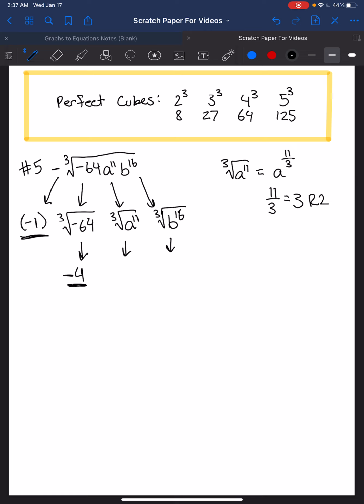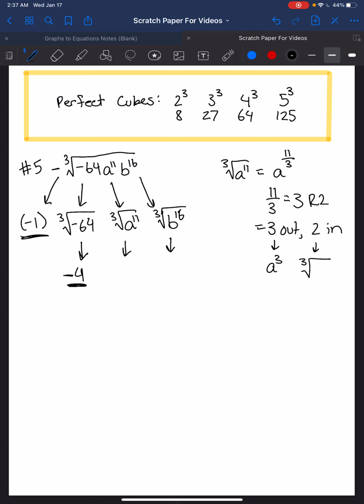So what this means is I have 3 out and 2 in. Whatever's left over can't come out of the radical. It has to stay. But this is how many I can pull out of the radical. So this is how this will look. 3 out is a cubed. 2 in. Remember, this is a cube root.